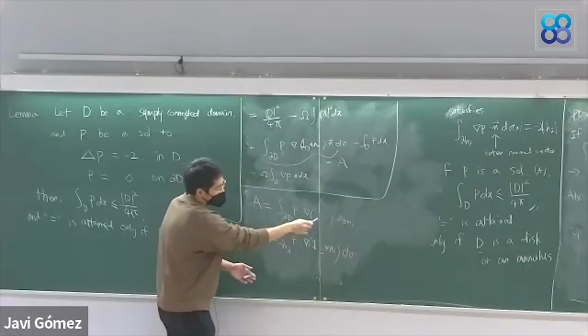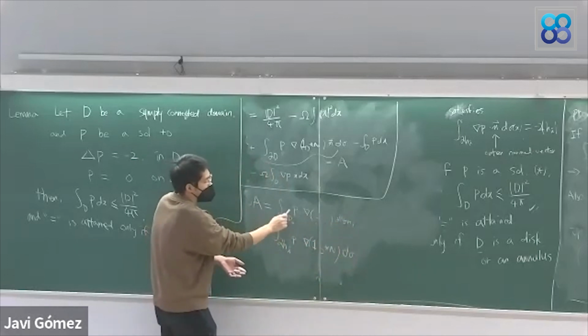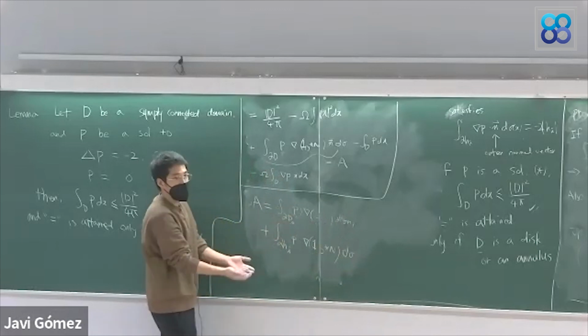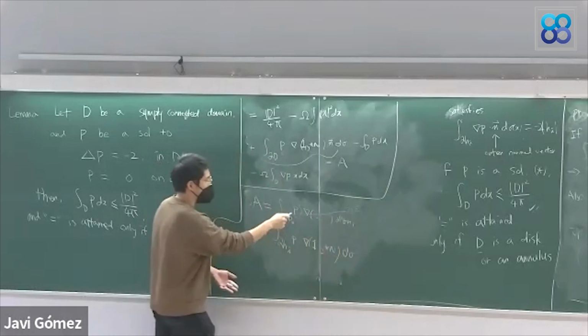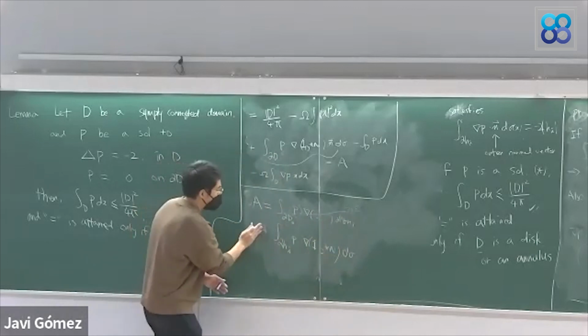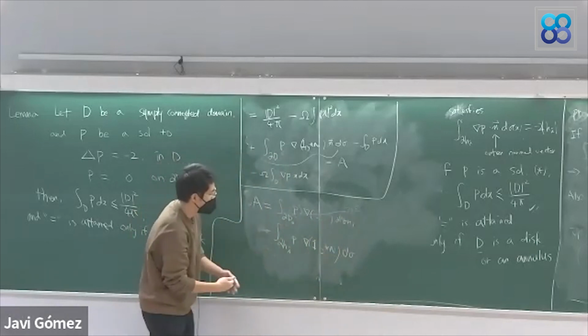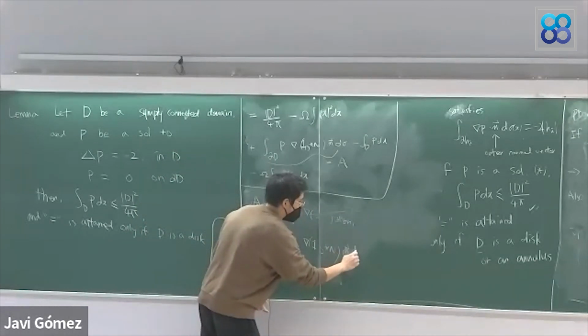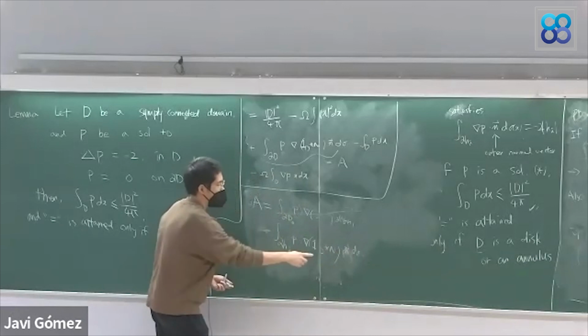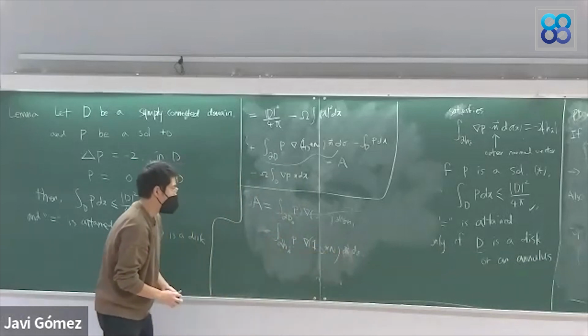I didn't write anything for the outermost boundary because we know that P is 0 there, so this is 0. And here we have the negative because we flip the direction of the normal vector.